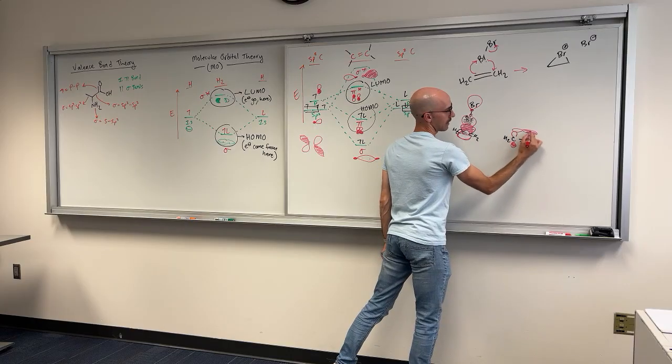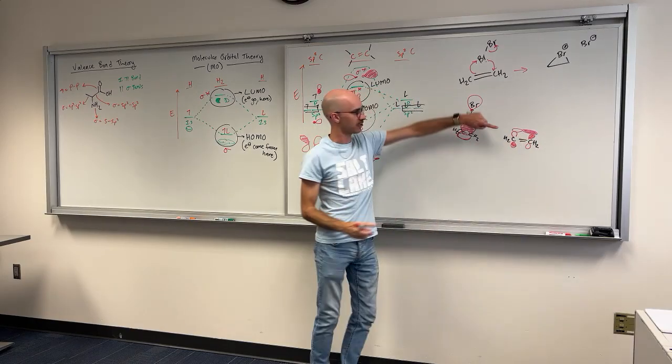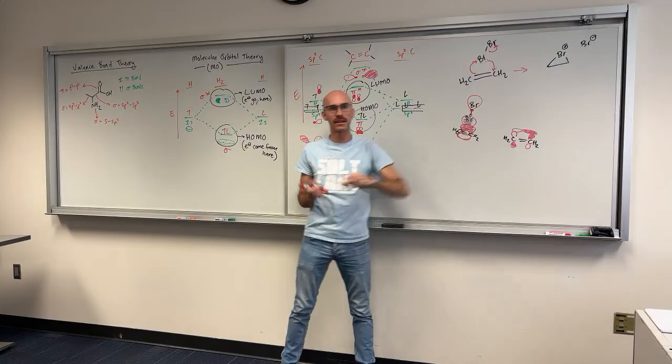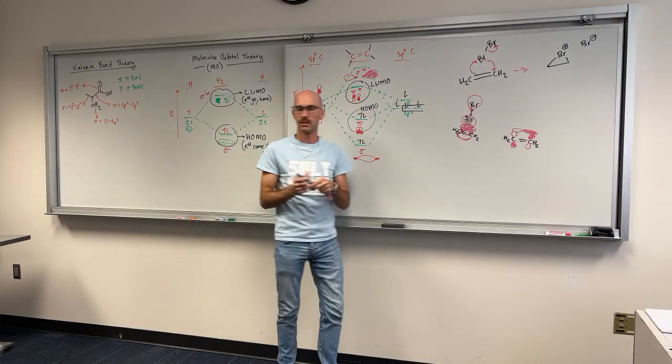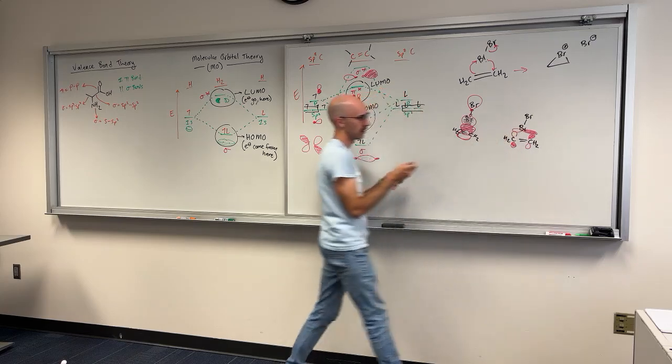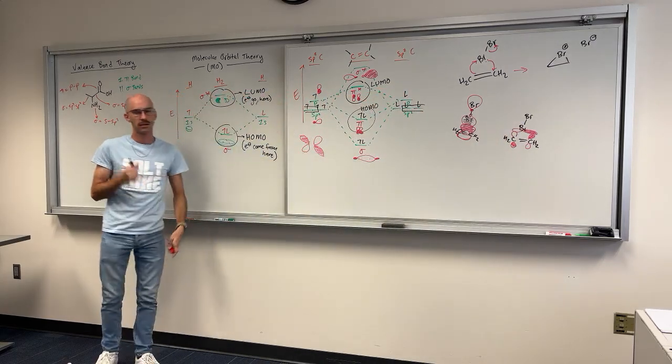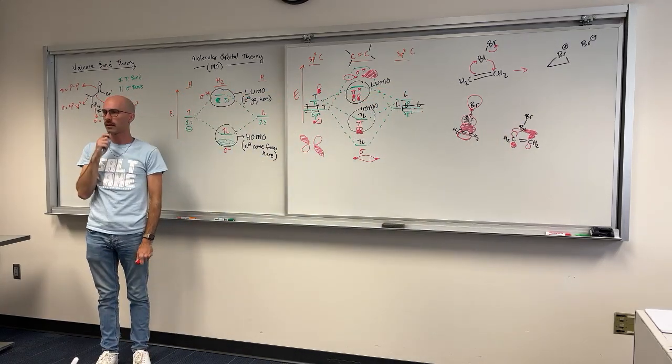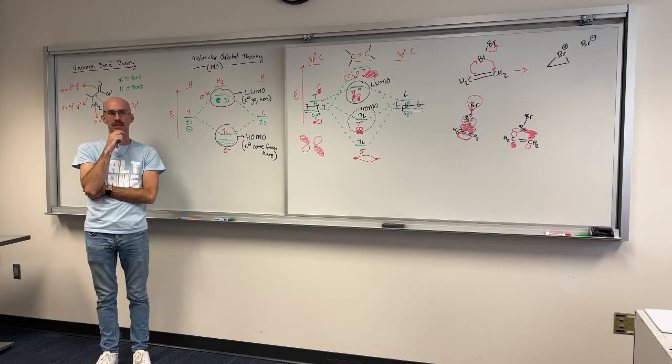One that is unshaded to match with the unshaded region, and one that is shaded. And then, of course, here is the bromine. What does that orbital look like? It looks like a p orbital.